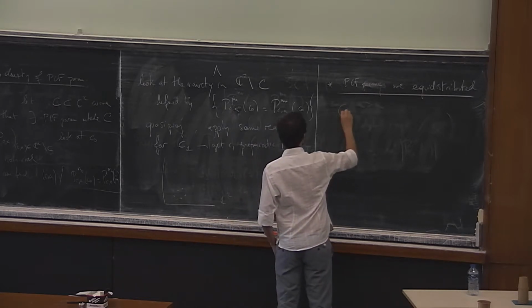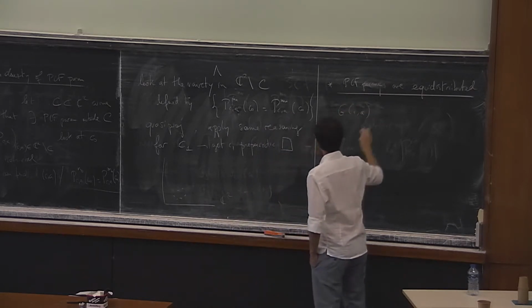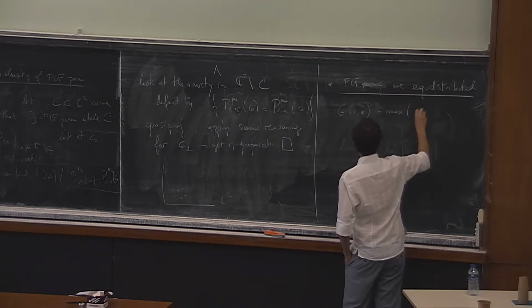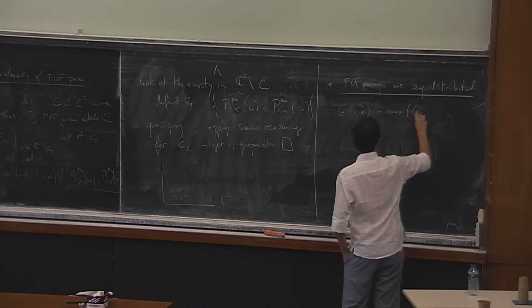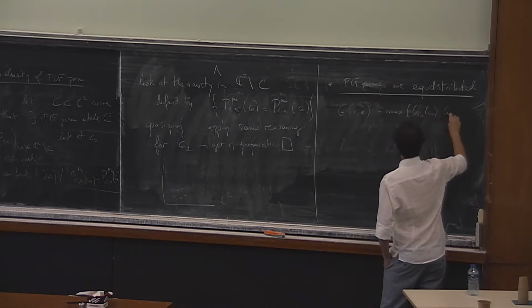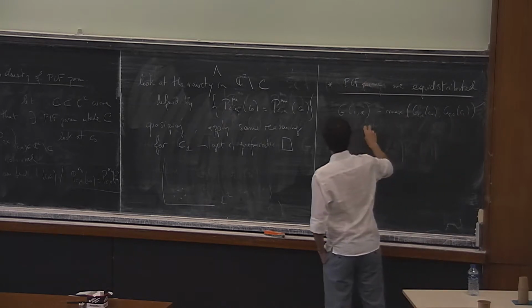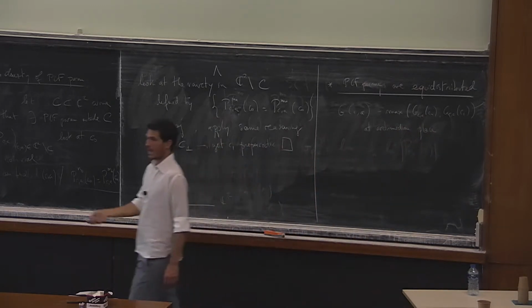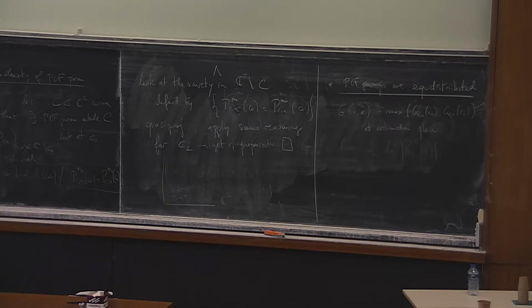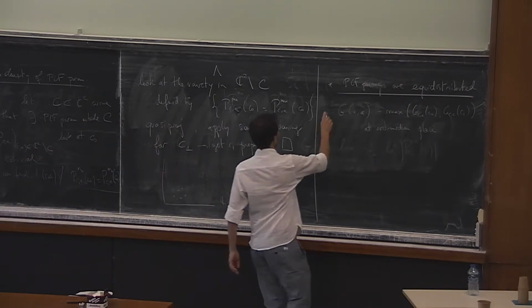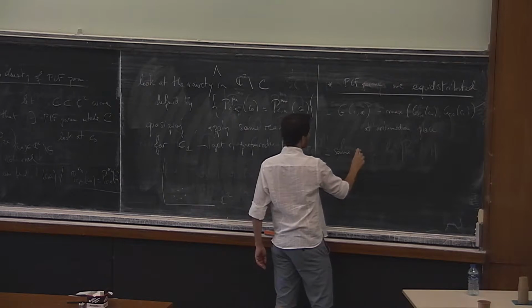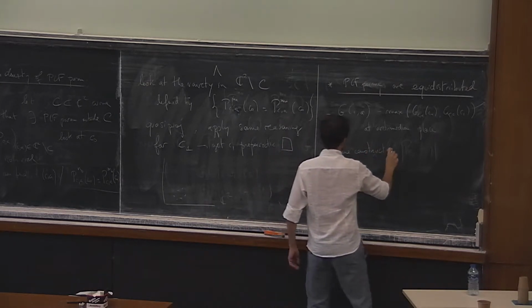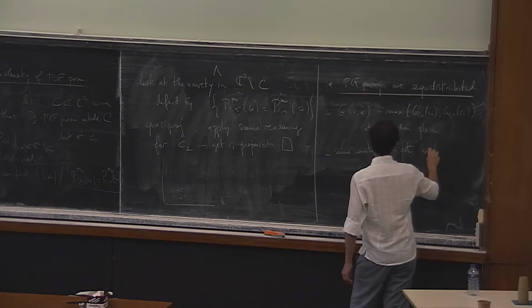So we have a function GCA, which is the max of GCA of C naught and GCA of C1 at the Archimedean place. As in the quadratic case, I can do exactly the same kind of construction at the p-adic places too. So we can make the same construction at non-Archimedean places.